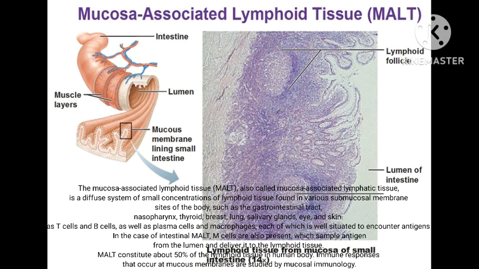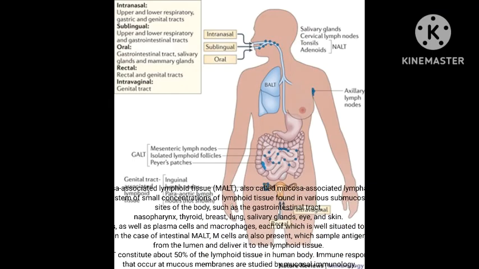The mucosa-associated lymphoid tissue, MALT, also called mucosa-associated lymphatic tissue, is a diffuse system of small concentrations of lymphoid tissue found in various submucosal membrane sites of the body, such as the gastrointestinal tract, nasopharynx, thyroid, breast, lung, salivary glands, eye, and skin.